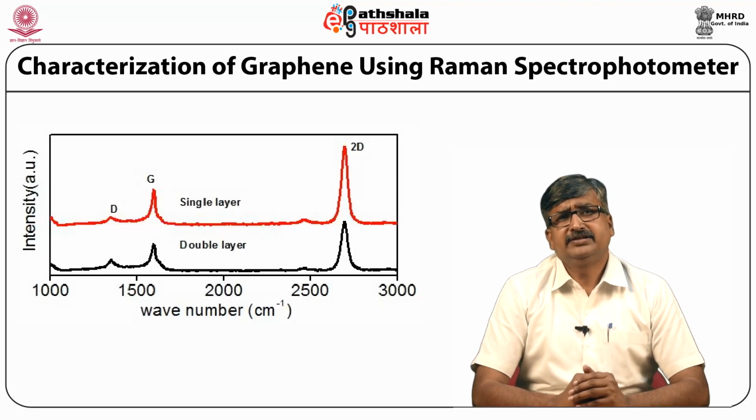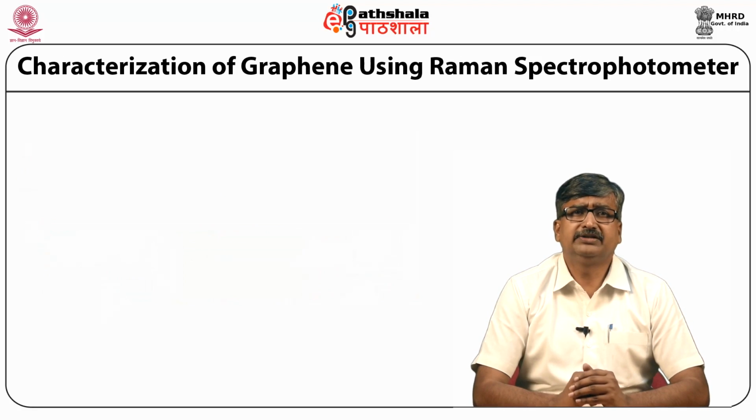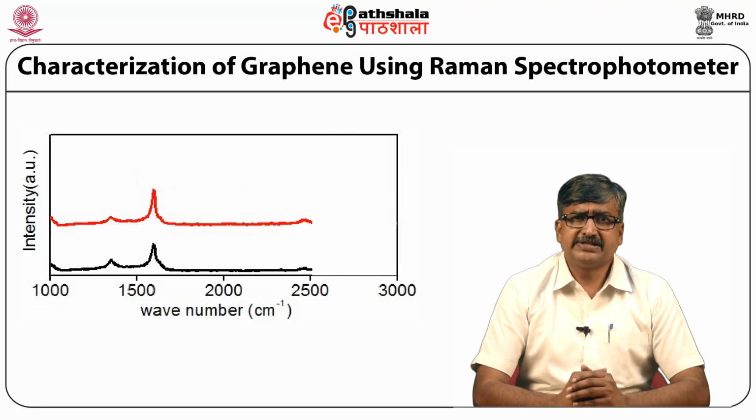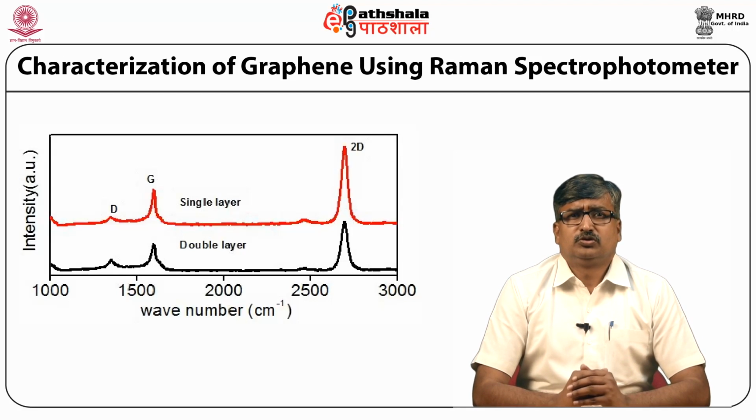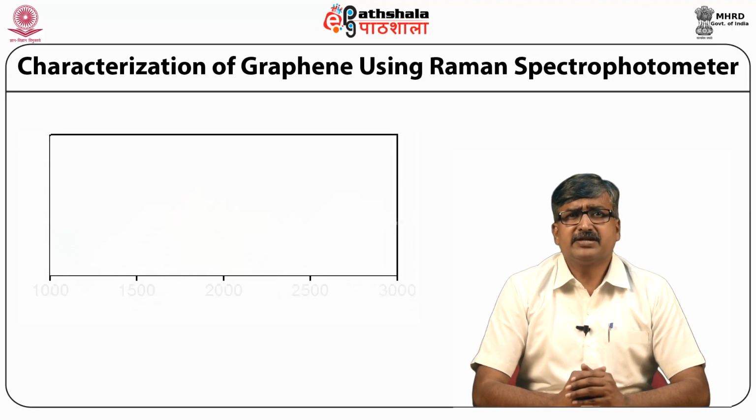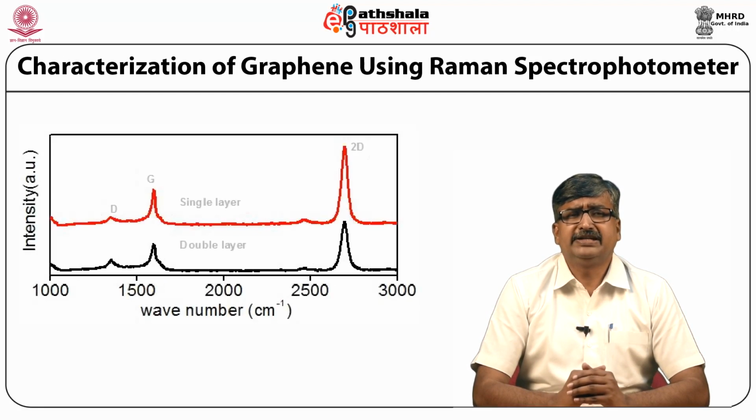The D band is known as the disorder band or the defect band. It represents a ring breathing mode from sp2 carbon rings. Although, to be active, the ring must be adjacent to the graphene edge or a defect.